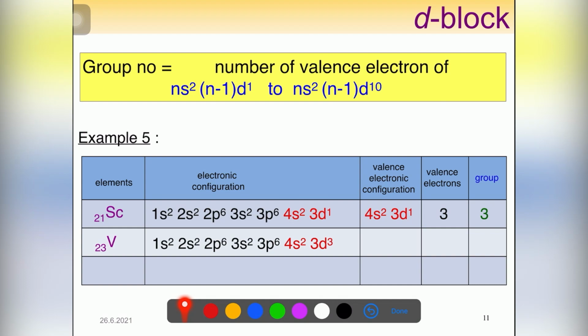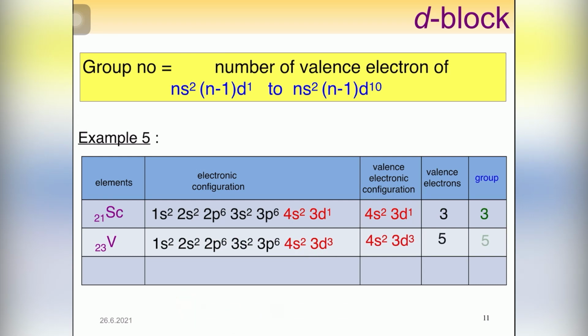Here the highest n is 4, and there are electrons occupying orbital 3d. So the electrons that occupy 4s and 3d are valence electrons. This is the electronic configuration, the valence electron count is 5, and it is located in group 5.